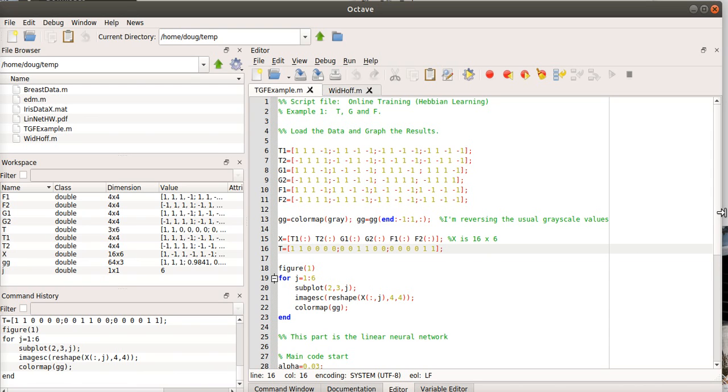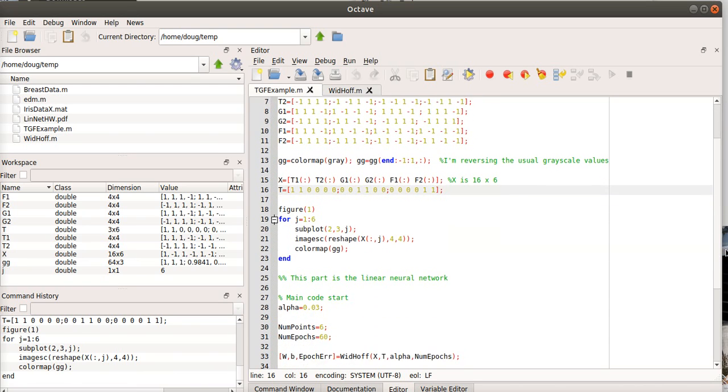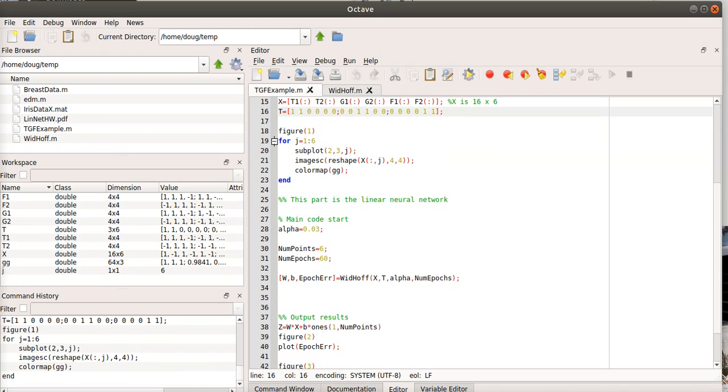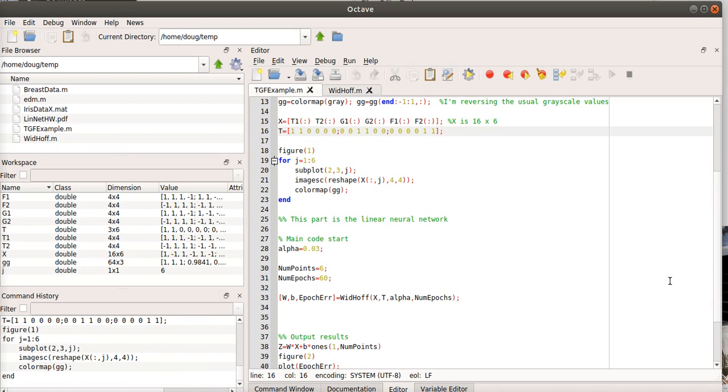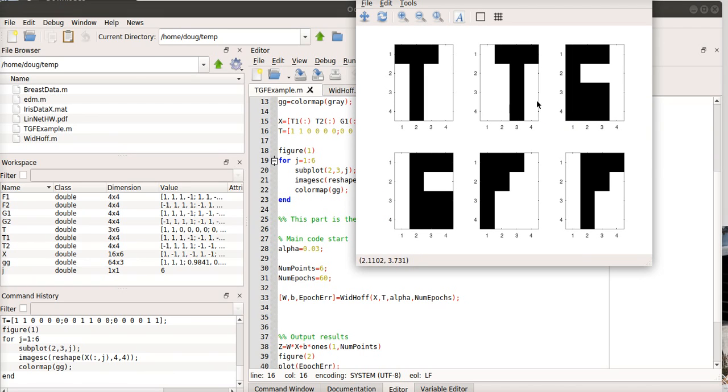I changed this from the way I did it in the notes originally. Originally in the notes I was going to make the output equal to -60, 0, and 60. And the reason that's no good is because that induces a metric on these letters. For example, that would mean that F is closer to G than it is to T, if you map F's to +60, G's to 0, and T's to -60. And you don't want that.